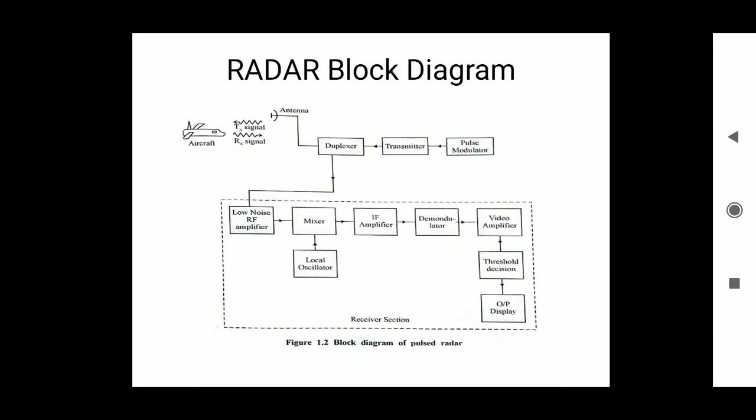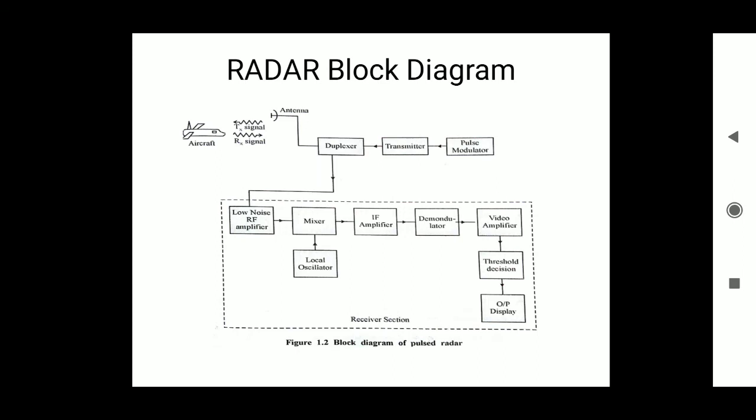The signal is received from the antenna side and comes to the duplexer, and the duplexer switches the signal direction toward the receiver side and switches off the path toward the transmitter side. So the signal comes to the low noise amplifier.